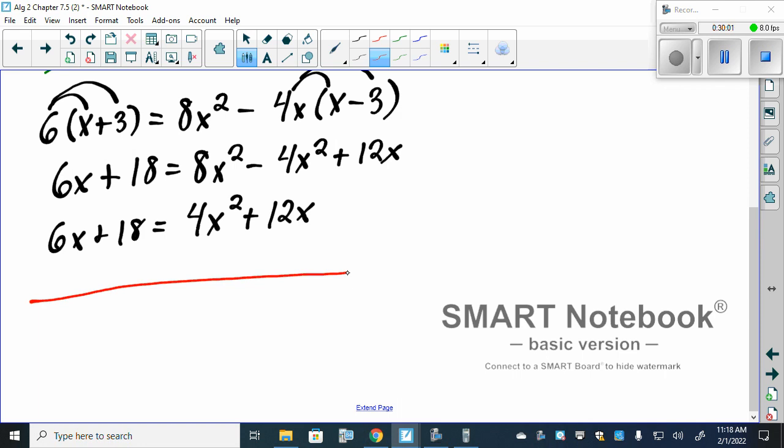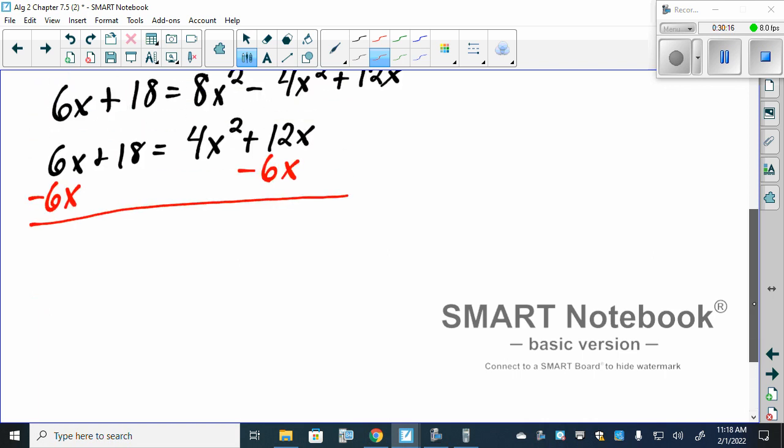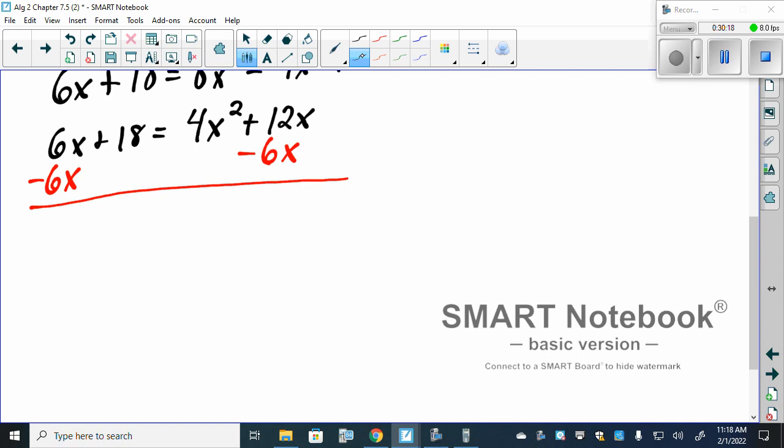Now that we've combined all of our like terms, we need to get it equal to 0 because we do have an x squared. So we need to subtract 6x on both sides. Which should tell us that 18 is equal to 4x squared plus 6x.